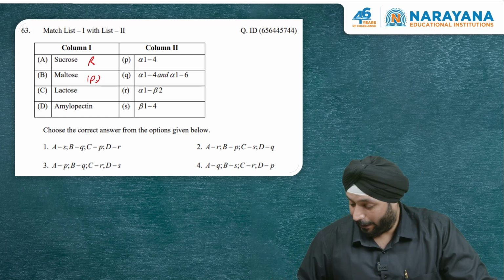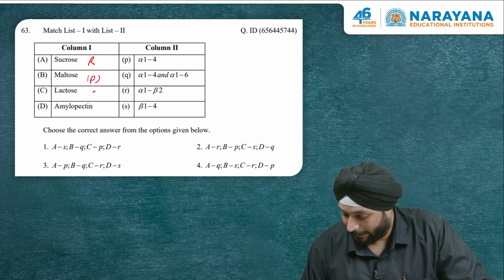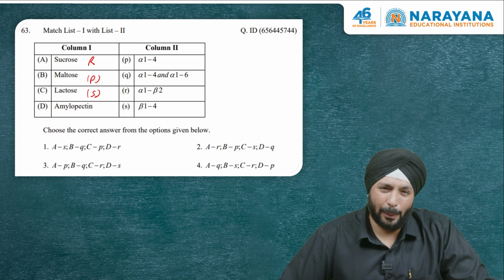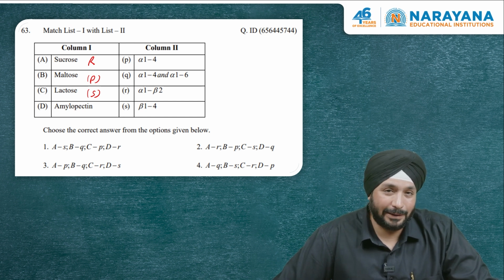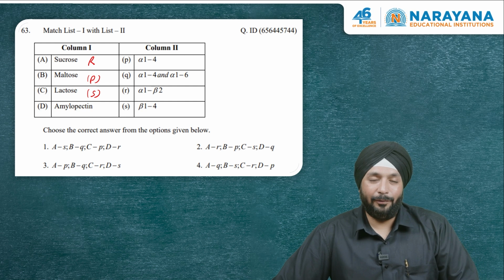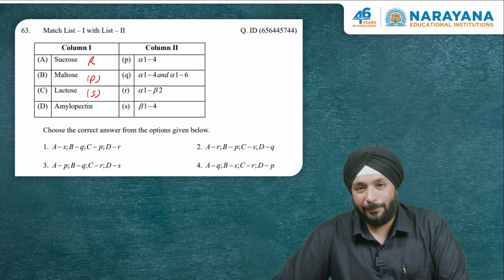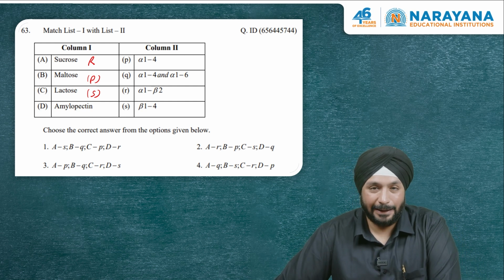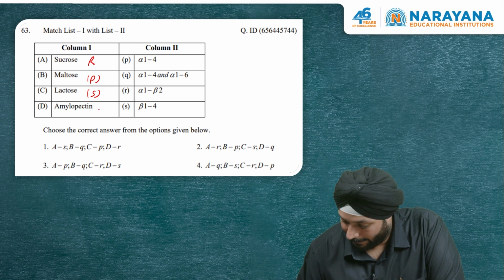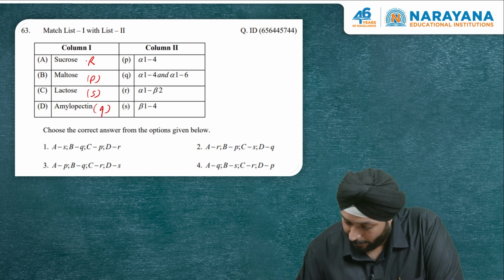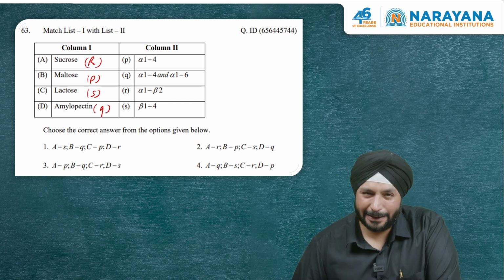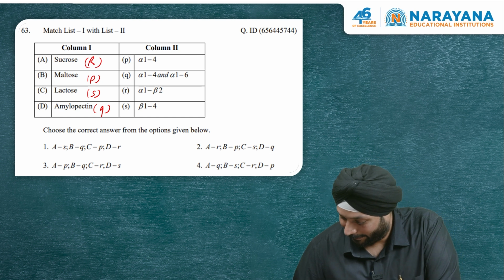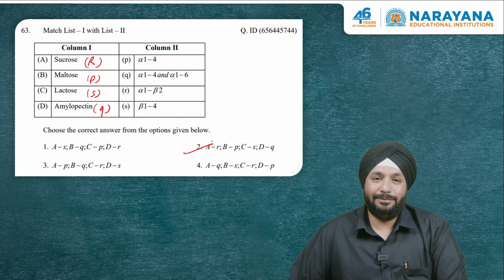So yeah, the linkage will be beta 1 to 4, which is S. And amylopectin has a coil type structure where glucose forms bonds by 1,4 alpha linkages and 1,6 alpha linkages, right? So this is Q. So the answer for this very straightforward question is 2.